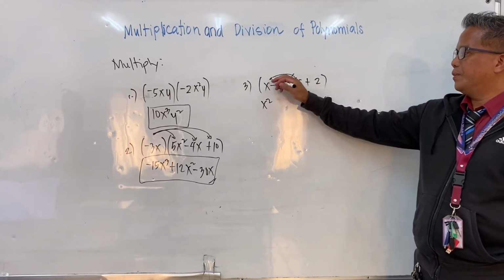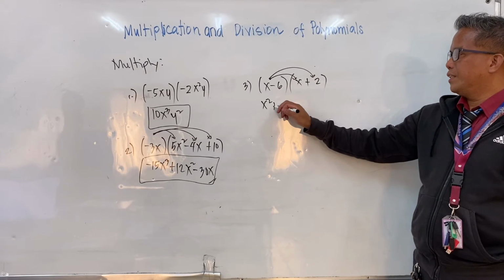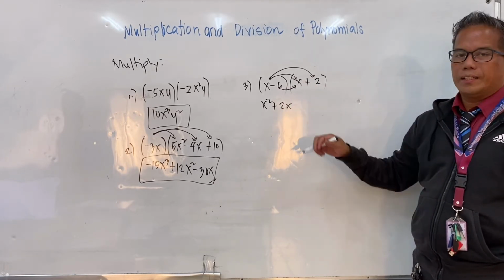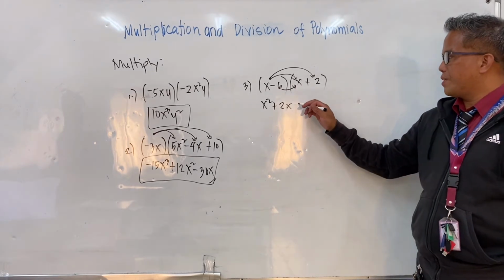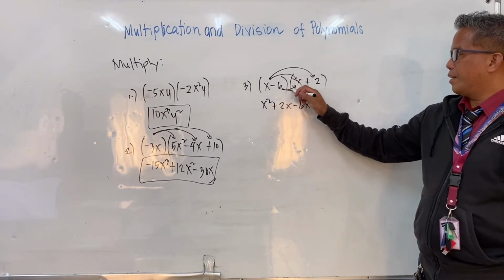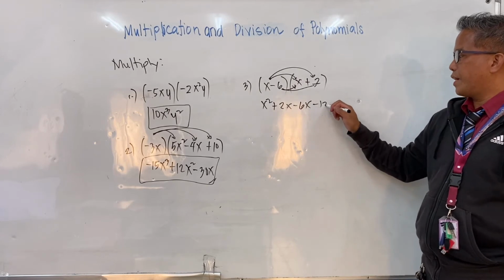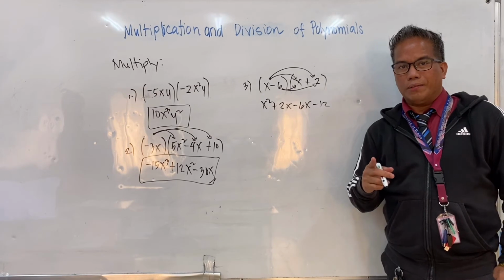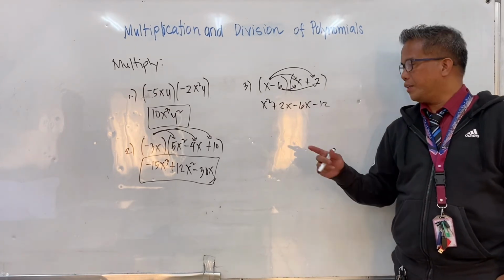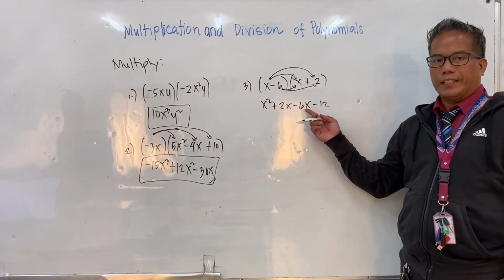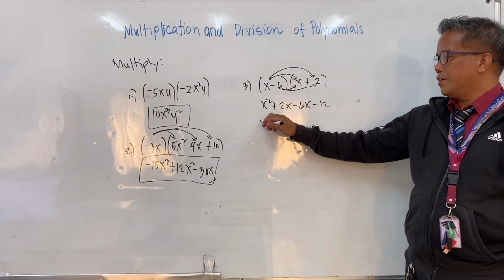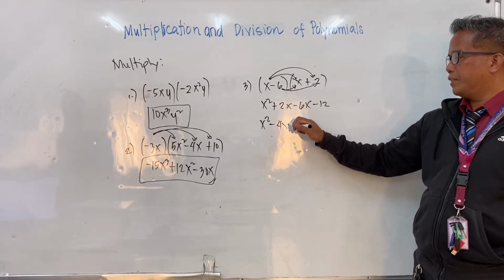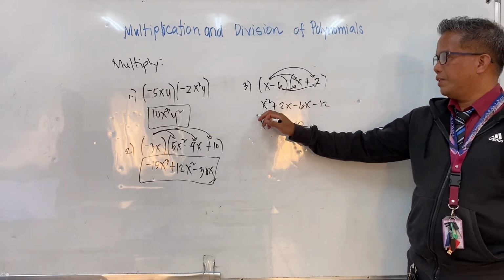Then x times 2 equals 2x. Then negative 6 times x. The answer is negative 6x. And negative 6 times 2, the answer is negative 12. Now, do we have similar terms? Yes, there is 2x and negative 6x. Copy x squared, simplify this, the answer is negative 4x, then minus 12. So this is the answer.